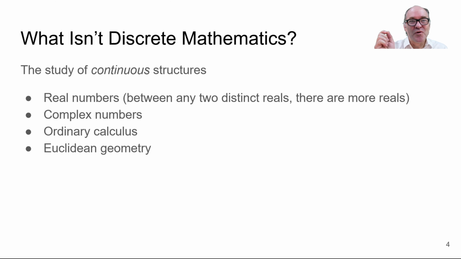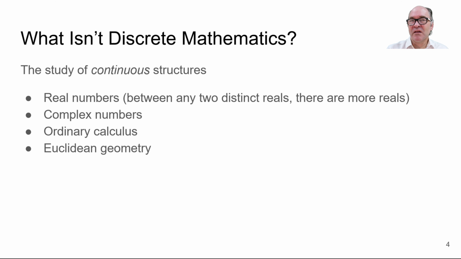In other words, the real numbers are dense. There's no space between them at all. Okay? And so the real numbers don't constitute a discrete structure. Similarly, the complex numbers, which you can think of as pairs of real numbers that have certain operations defined on those pairs of addition and multiplication and so on and so forth, the complex numbers don't form a discrete structure.